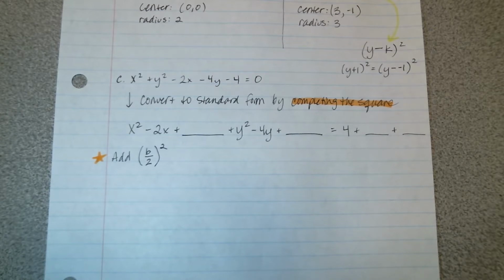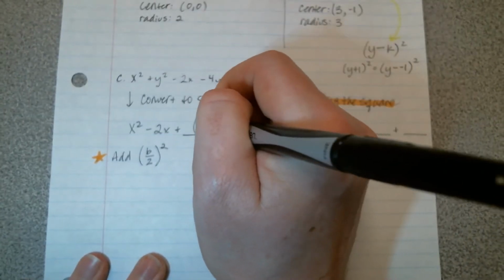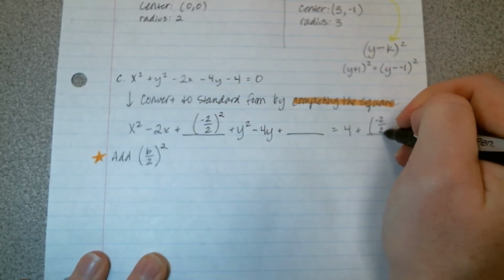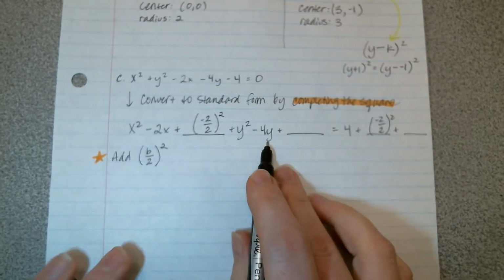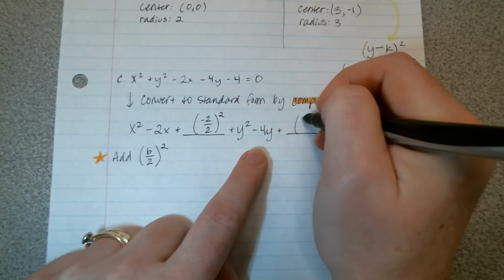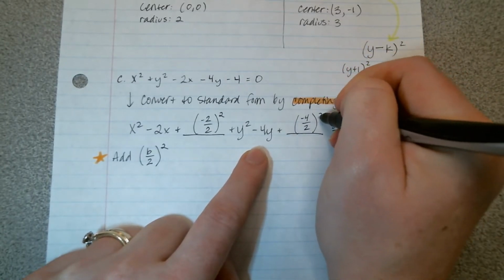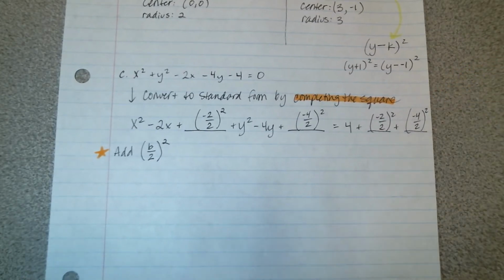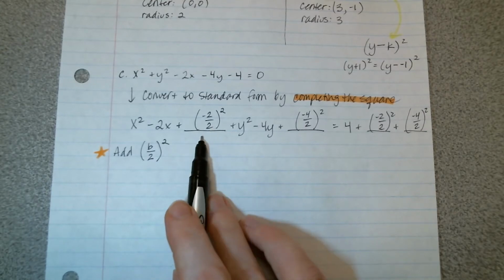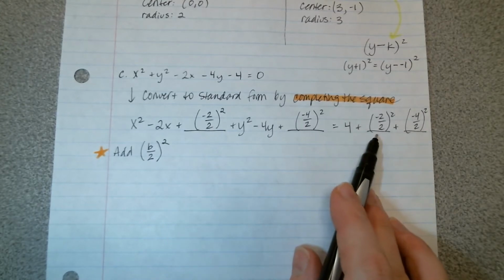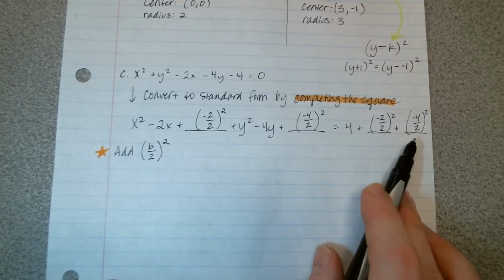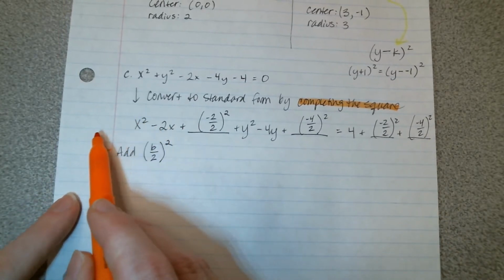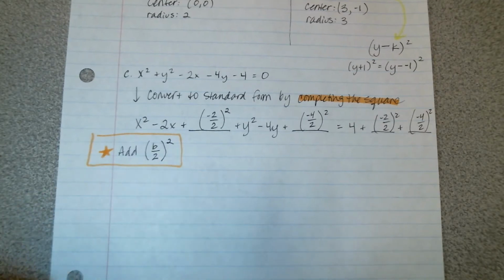Okay, so -2 over 2 squared, but what you add to one side, you must add to the other. And then with the y's, I'm going to have -4 over 2 squared. And what you add to one side, you must add to the other. So we've added this to complete the square for the x's, and we've added this to complete the square on the y's. So this is a note here about completing the square.